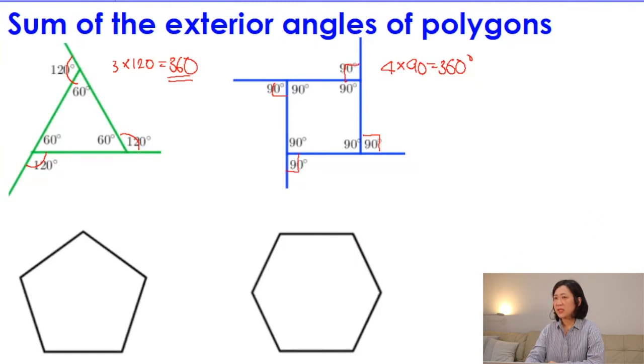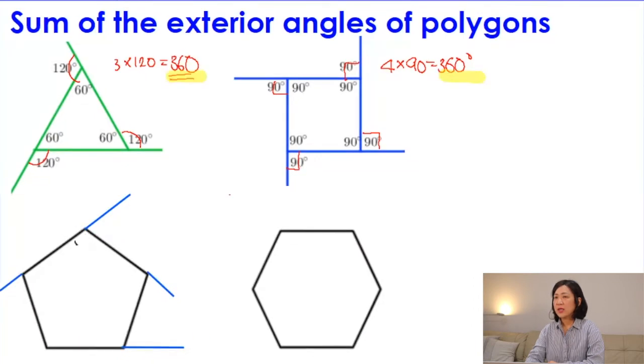How about the pentagon? Now let's extend the lines to find our exterior angles. That way we can see the supplementary angles. We already know that the interior angle of a pentagon is 108, so what's the exterior angle?